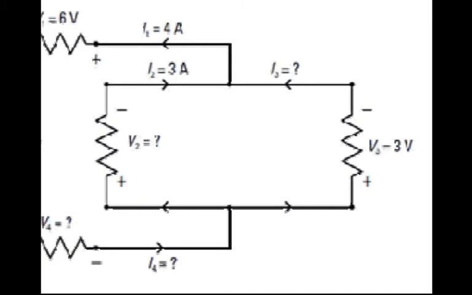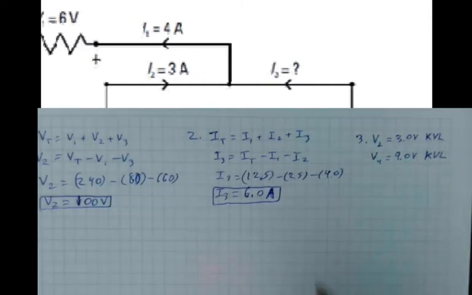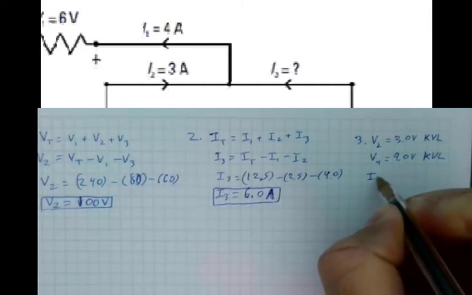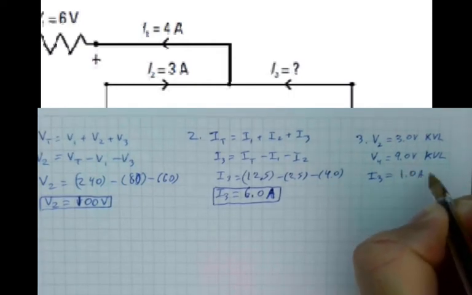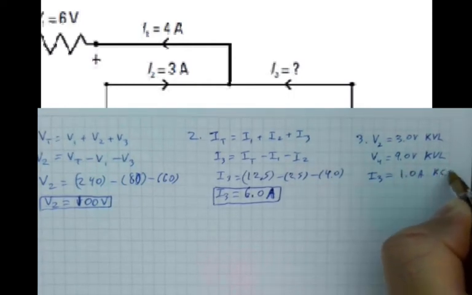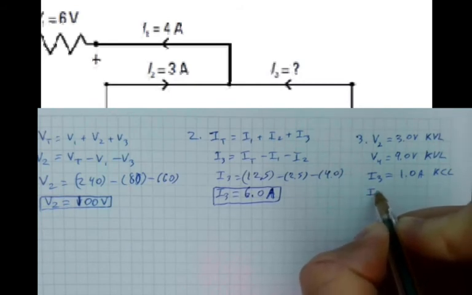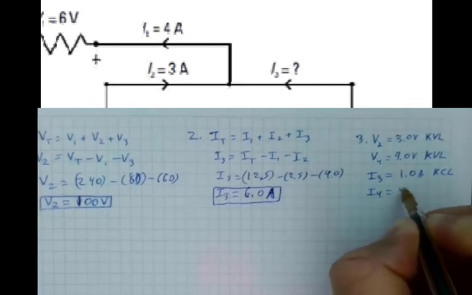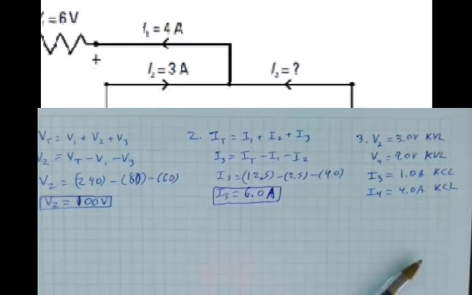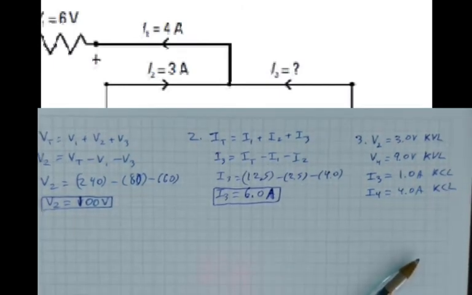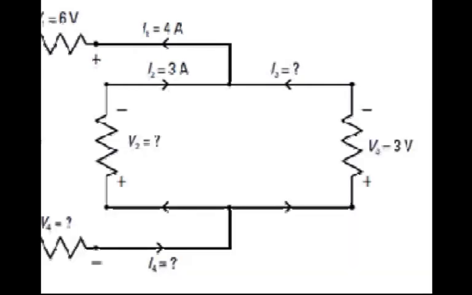So our I3 is 1.0 amps. That is known through KCL. And our I4 is 4.0 amps, known from KCL. So that's how we would analyze that circuit. I know that might have been a little bit difficult to understand, so we are going to do this again.